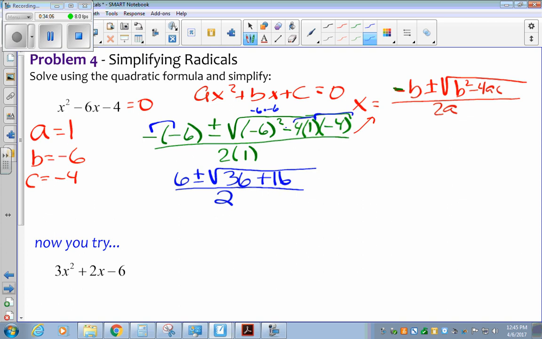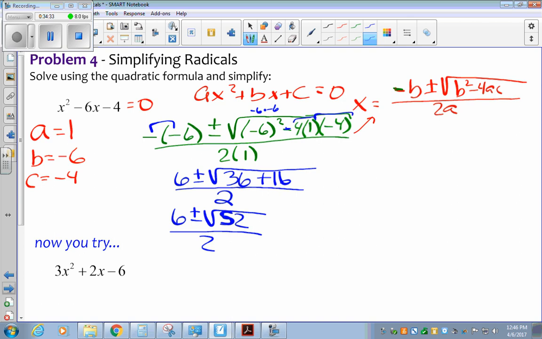Some of you also missed this part here. It's a minus sign here, and then the answer you get out will be negative. Minus a negative is plus. Okay, simplify this again. 6 plus or minus the square root of 52. I love 52 because that is the deck of cards.